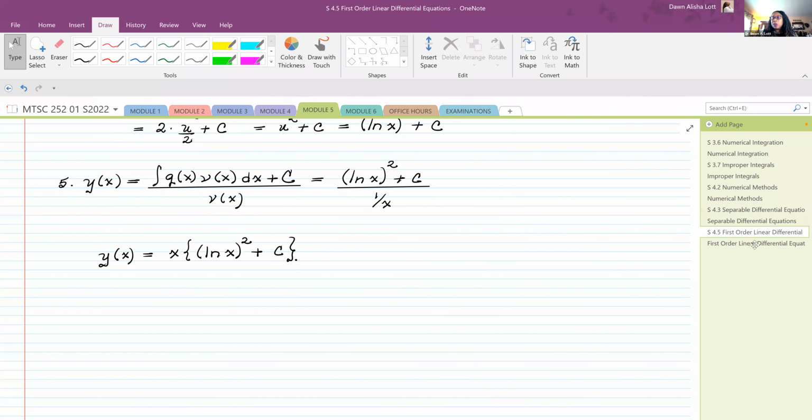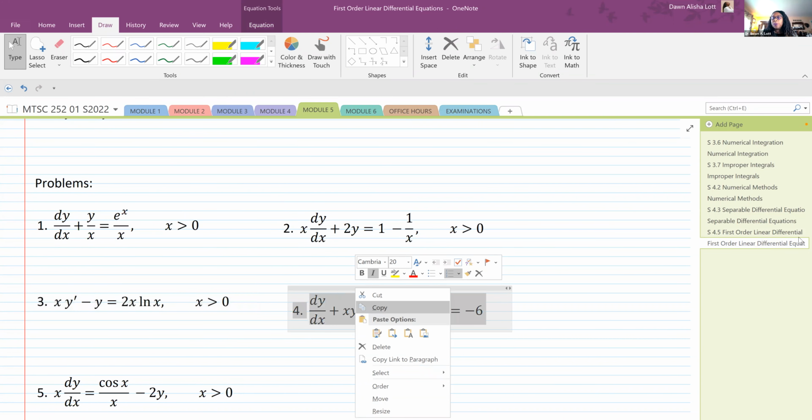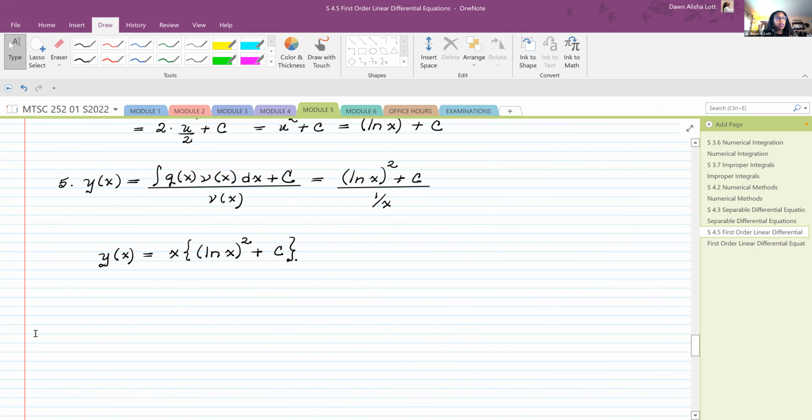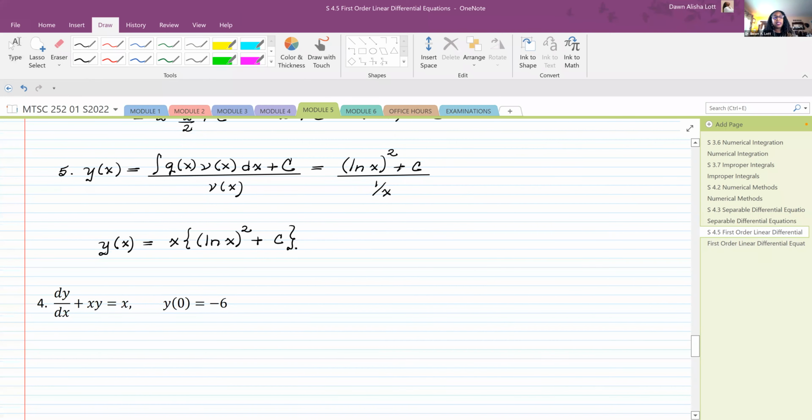So I'm going to give you another problem. This is number 4. This problem actually has an initial condition. I tell you that the solution goes through the point 0, -6.